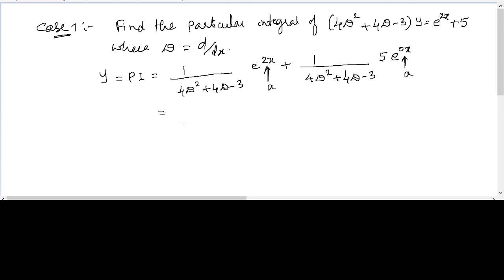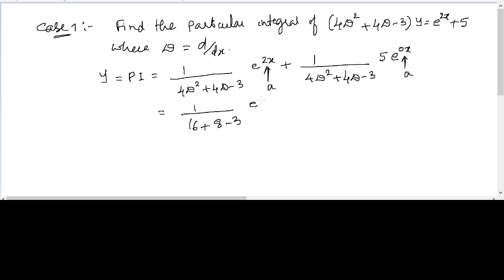Now we replace D by a, D square by a square, etc. So we get 1 by 4 into D square. What is D square? A square, and a is 2, so 2 square means 4. So 4 into 4, 16, plus 4 into 2, 8, minus 3.